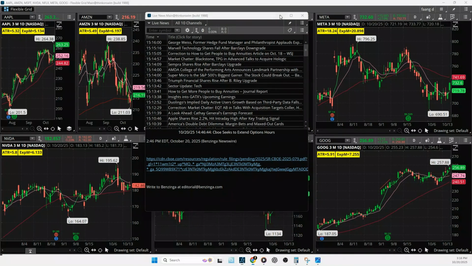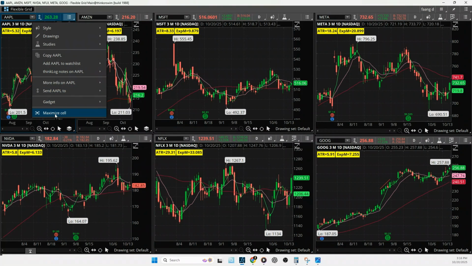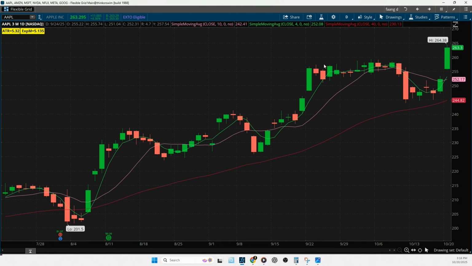Yeah, let's drop the news and take a look at stock price in relationship to 20 and 9-day moving averages. So we've got a 10-day moving average here and a 4-day.